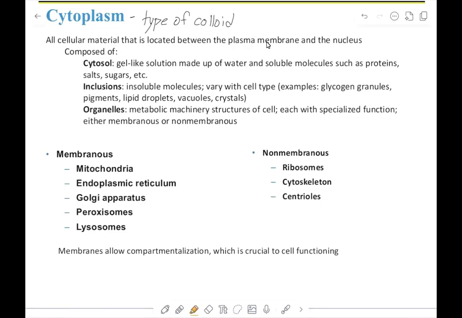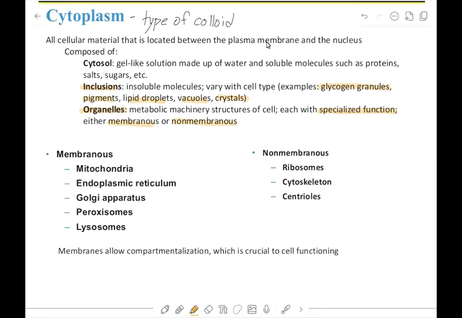The solid structures are organelles, metabolic machinery structures, and each has a specialized function. They can either be membranous or non-membranous. There are also inclusions, which are insoluble molecules. They could be things like glycogen granules, pigments, lipid droplets, vacuoles, or crystals. That makes up the solid part of the cytoplasm.